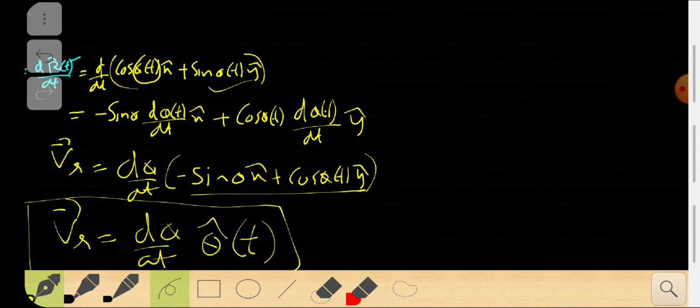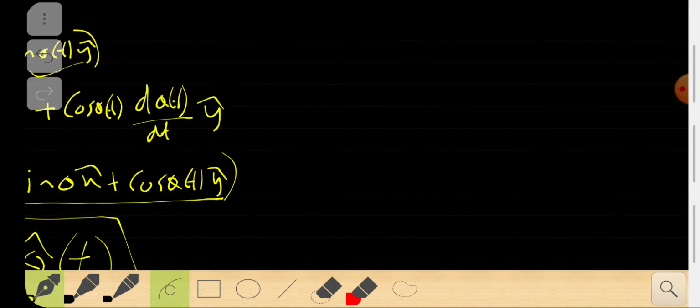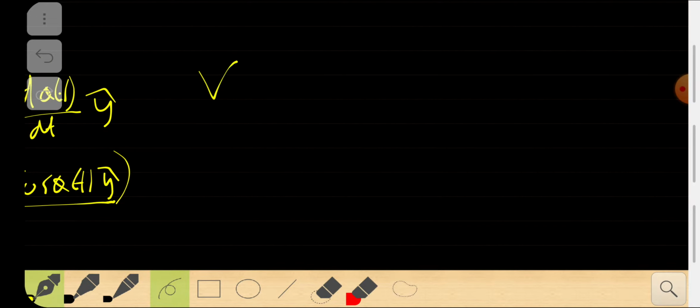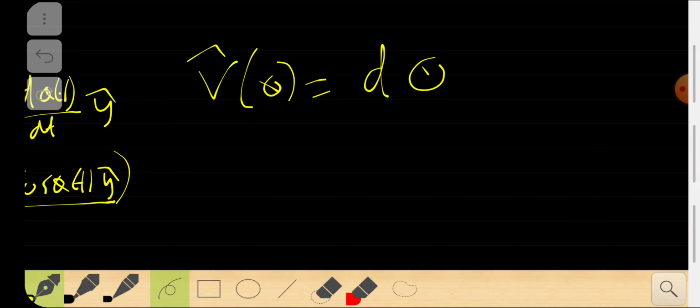Okay, and now let's find out the velocity in terms of v theta, v in the theta cap direction. What is the velocity of the unit vector? That is d theta cap by dt. As earlier it was d r cap by dt in the radial direction, now in the theta cap direction. Let's find out that.